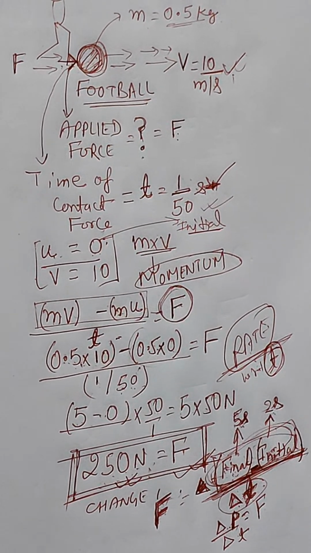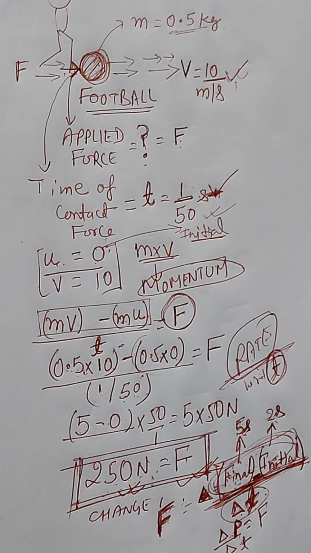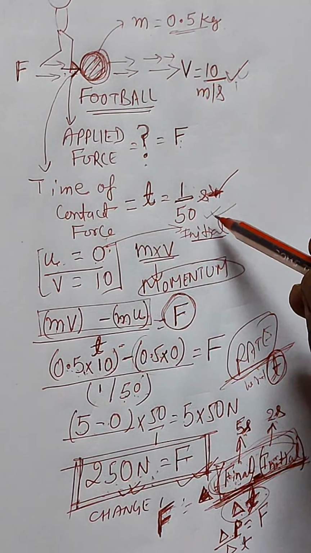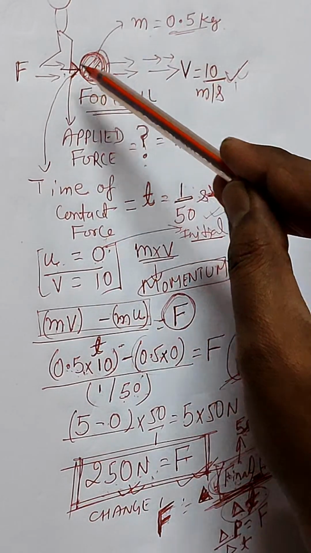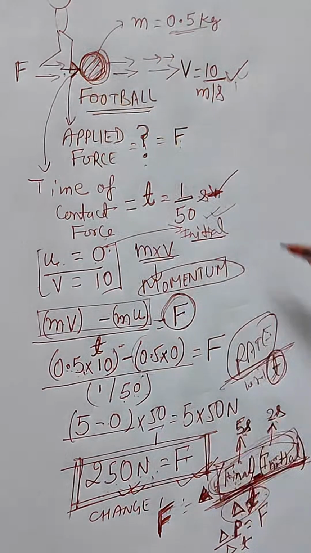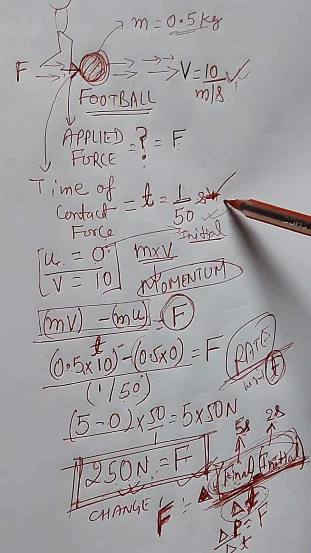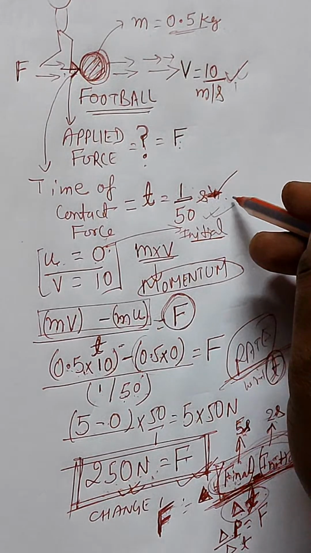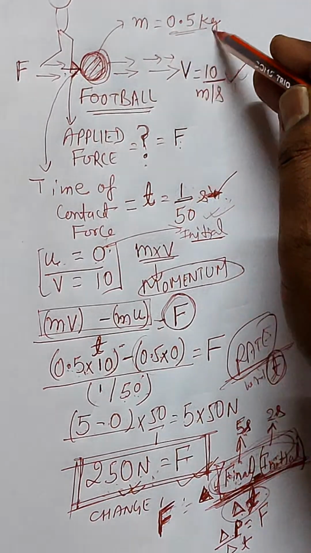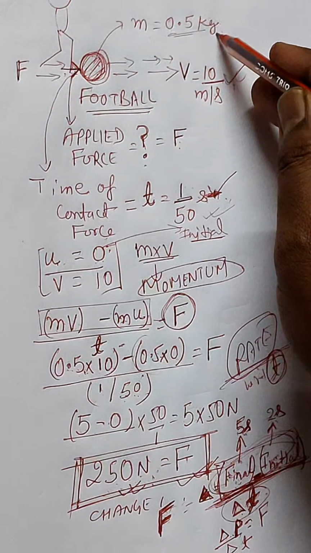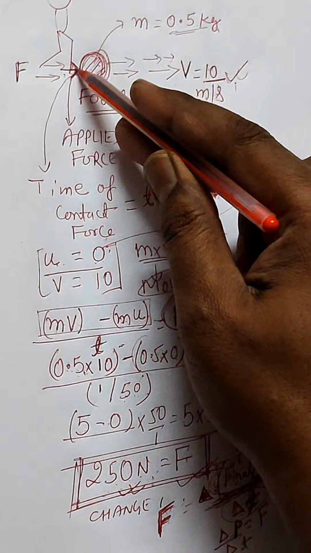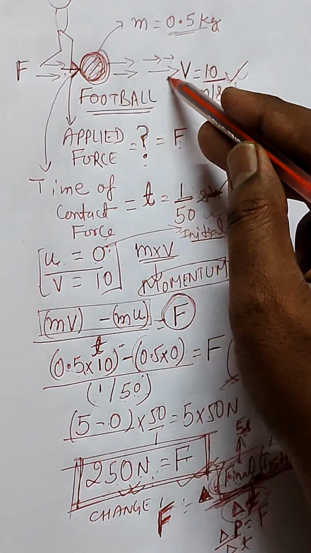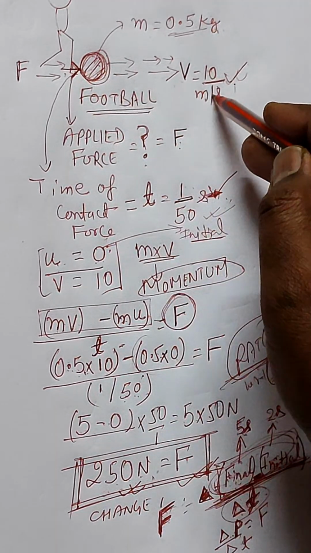So the three data given in this question are: the time of contact between the foot and football, which is 1/50 of a second; the mass of the ball, which is 0.5 kg; and the velocity imparted by kicking the football, which is 10 meter per second.